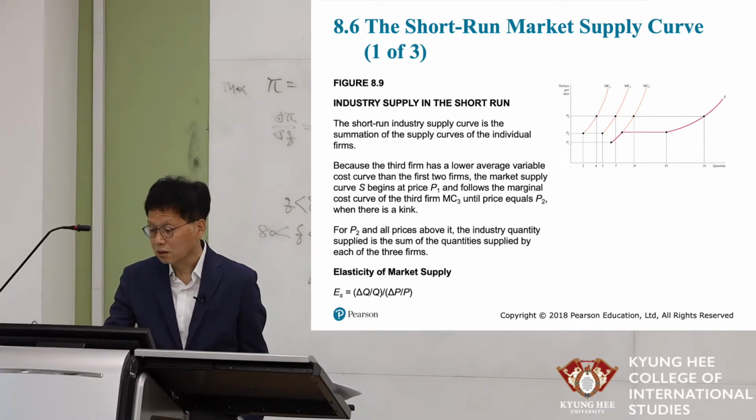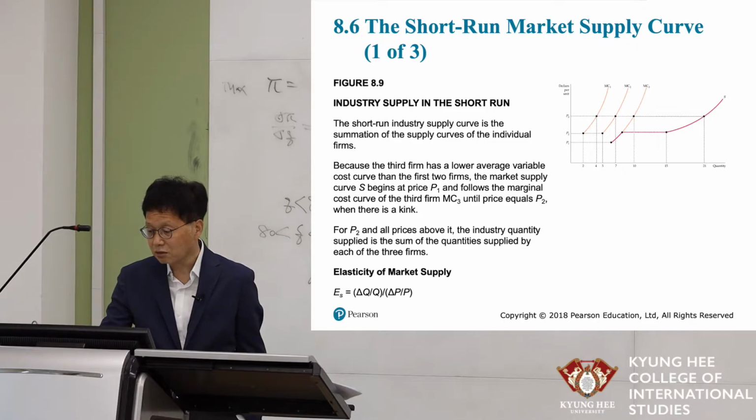It follows the marginal cost curve of the third firm, MC3, until price equals P2, where there is a kink. So we can find a kink at this point.